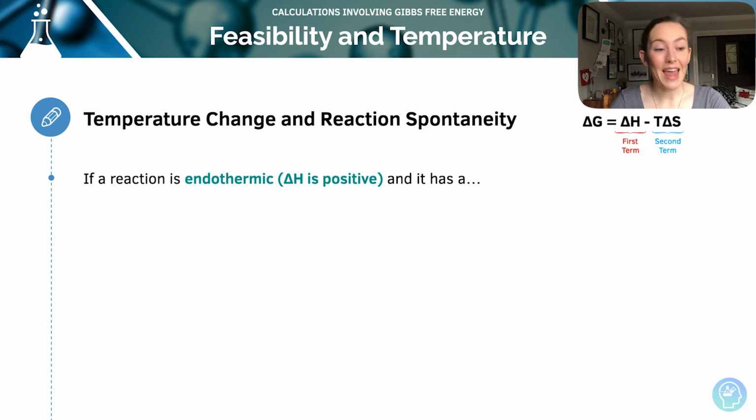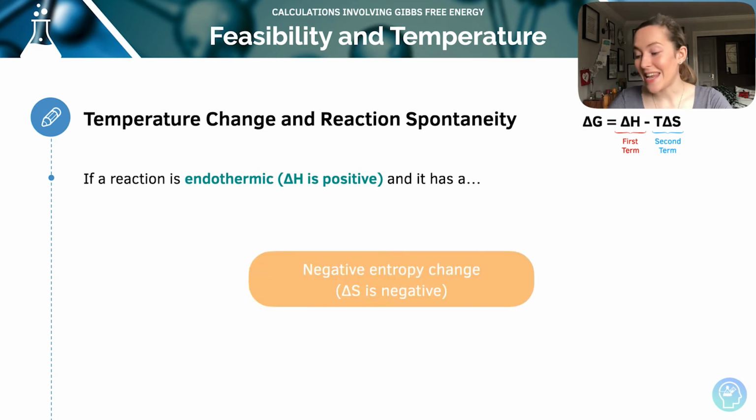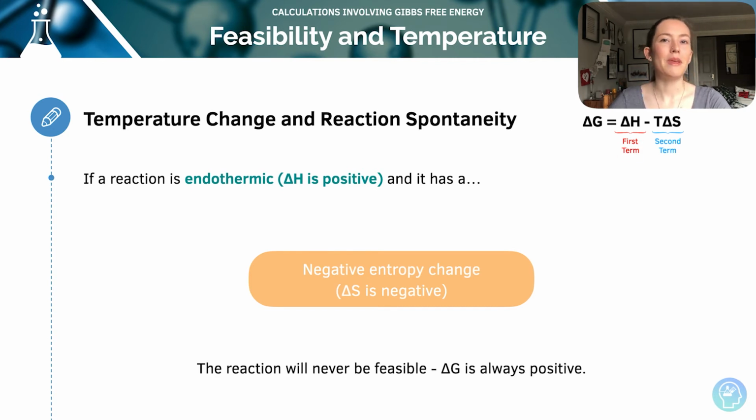But if we had an endothermic reaction, so a positive first term and a negative second term, a positive minus a minus means the reaction is definitely not ever going to be feasible, because that's two values added together. We're definitely not going into negative territory, so delta G could never be negative.